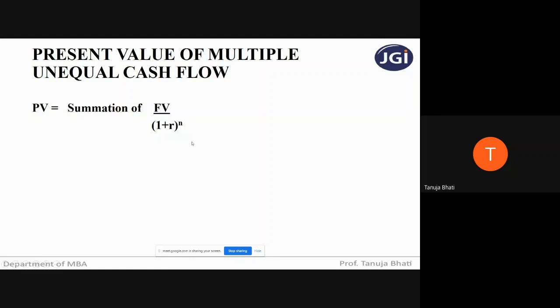You take the future value divided by 1 plus r raised to n for each cash flow, and you add the present values of the different series of cash flow to get the present value. So the present value is nothing but the summation of the future value divided by 1 plus r raised to n. You are going to use this formula when you have to find out the present value of multiple unequal cash flow.